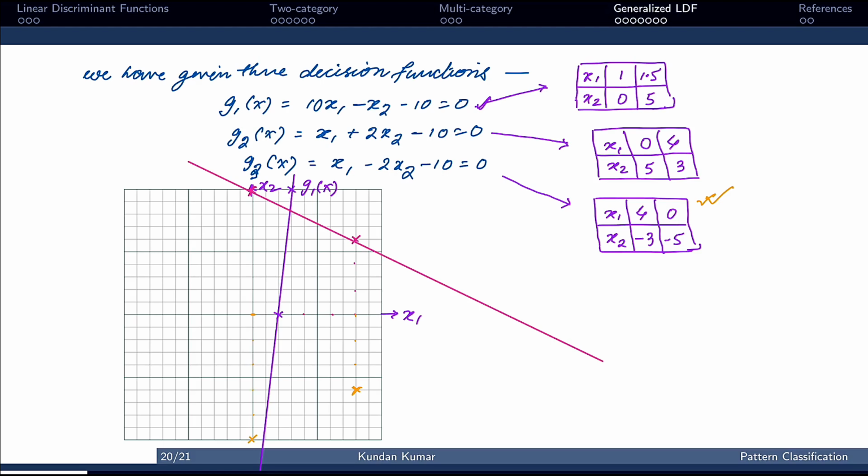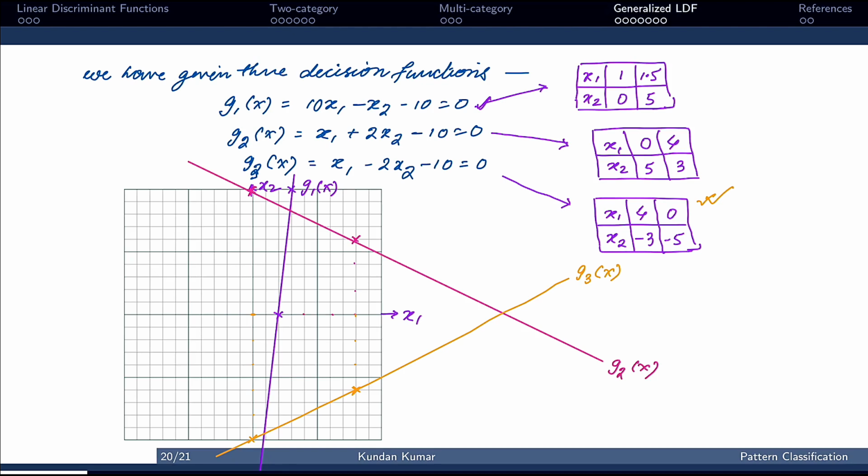Now we have to join these 2 points. So this is g3(x), and this is g2(x).